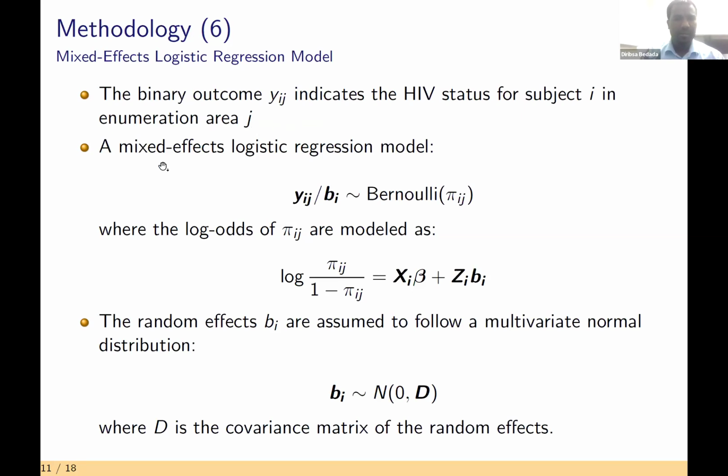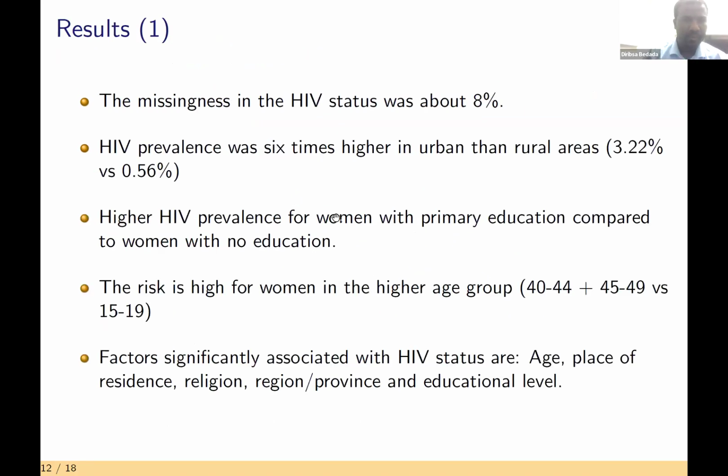And given the random effects in the context of heteroscedastic multi-level multiple imputation, the observed response follows a Bernoulli distribution, and the log odds of this probability can be modeled using a mixed effects logistic regression. In our data, the missingness in the outcome of interest was about 8%.